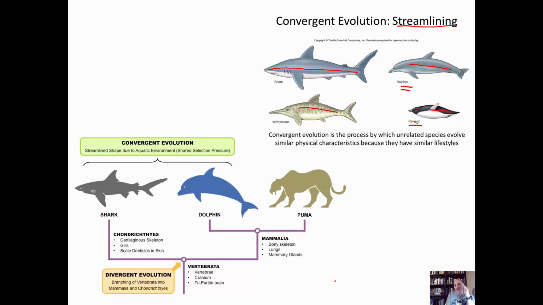And then we have a group of birds called penguins, and then the ichthyosaur is actually a group of extinct reptiles, right? So they all have this common characteristic of the streamline, because they're predators and they go through the water. They have to be able to go through the water, but their ancestors didn't have this fine streamlining.